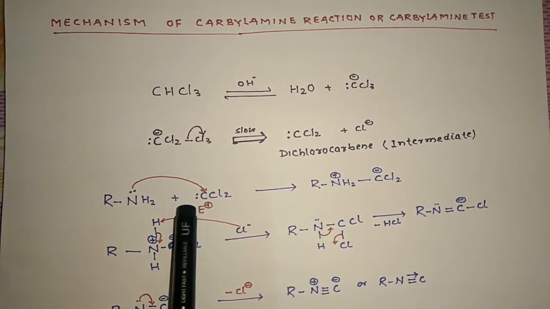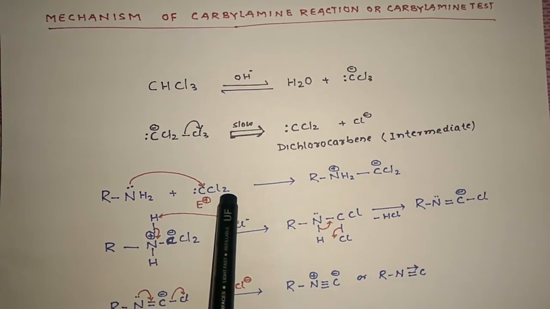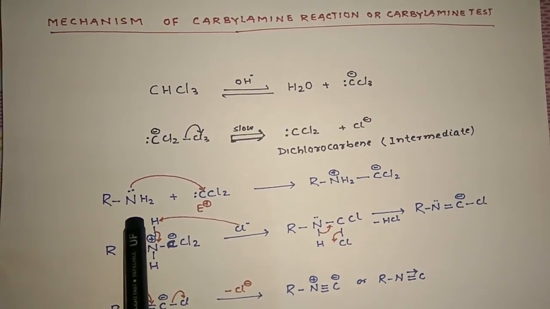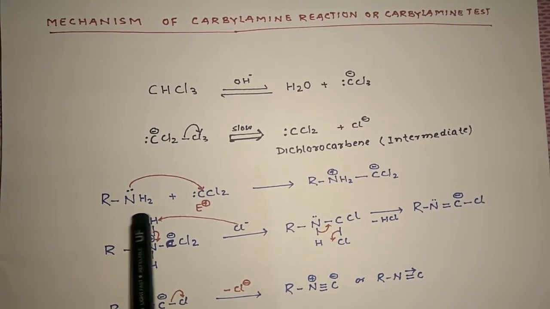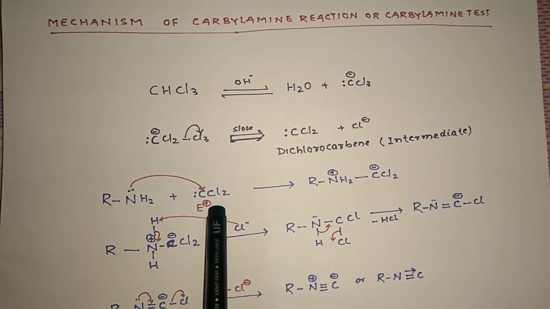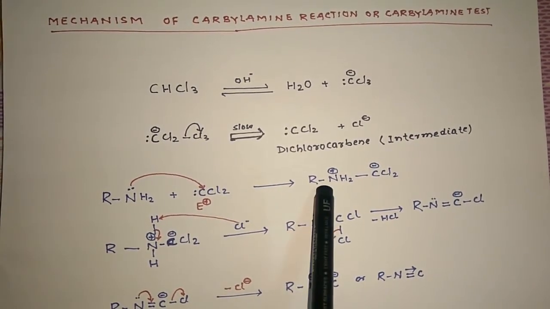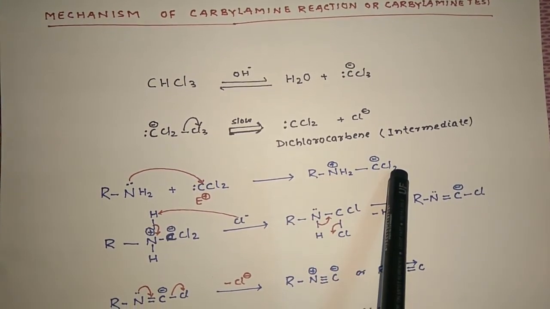Again, this dichlorocarbene reacts with primary amine, in which amine is the nucleophile and dichlorocarbene is the electrophile, and they form RNH2CCl2.